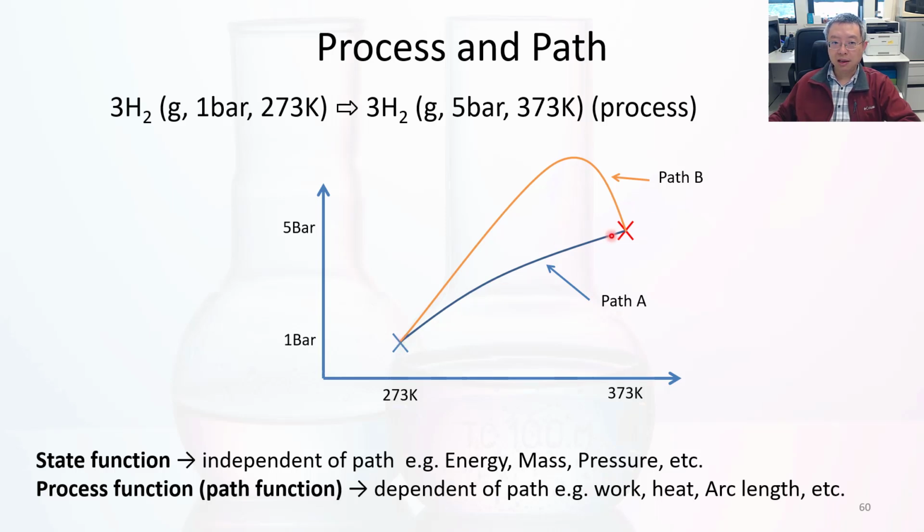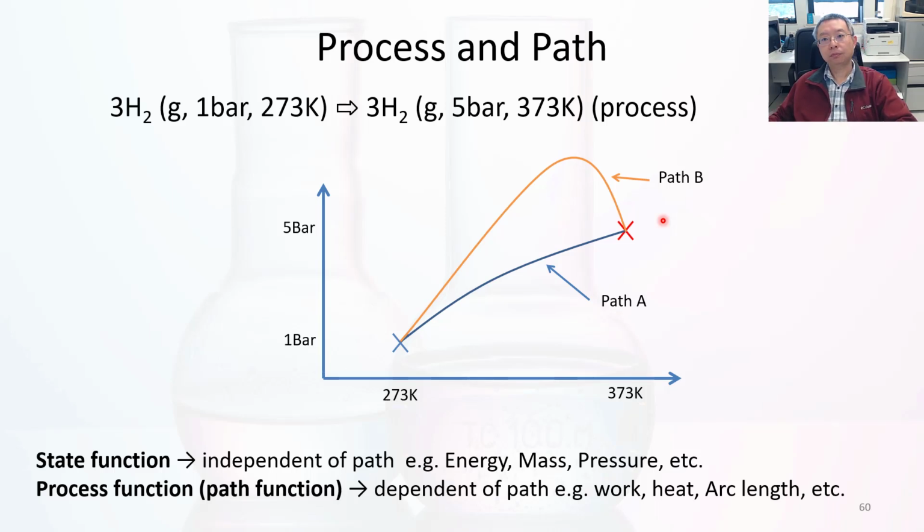However, the internal energy is a state function. So that means the total delta U is constant from here to here, while Q and W are not. But Q plus W equals delta U, which is a constant.